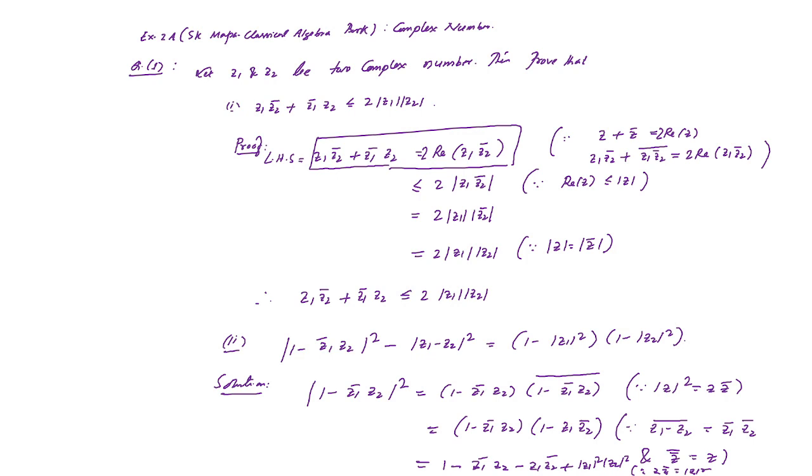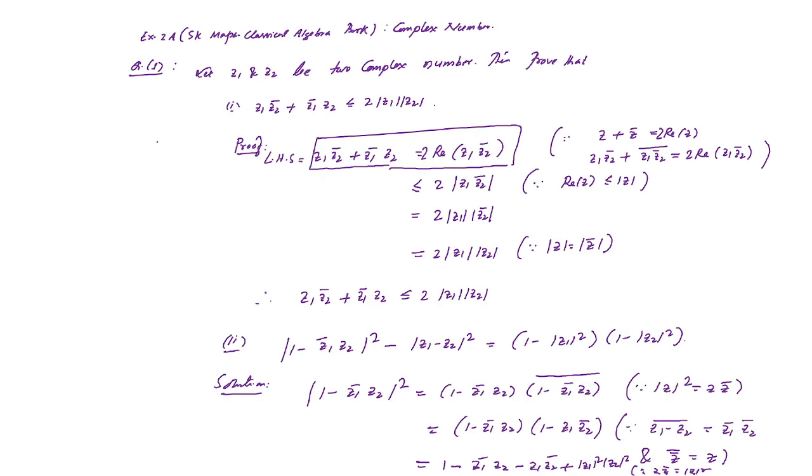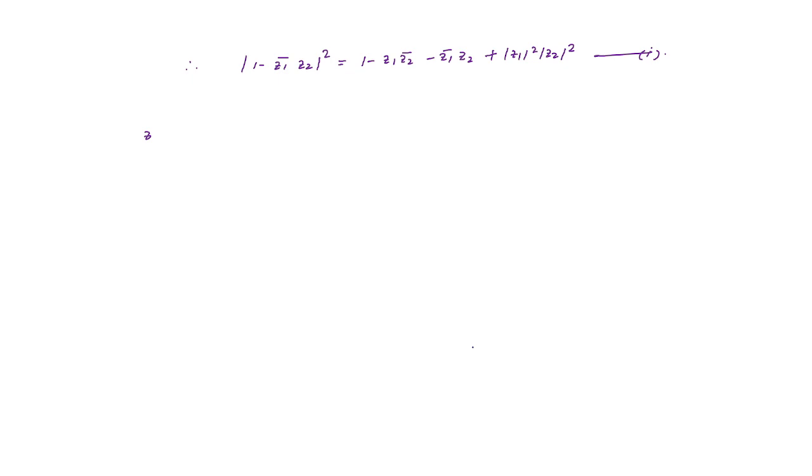So we have |1 minus z1 bar z2| modulus square equal to 1 minus z1 z2 bar minus z1 bar z2 plus mod z1 square multiplied by mod z2 square. So this is basically Roman 1. Again, I will move to the other term here. Just see the second part in the left hand side, |z1 minus z2| square.